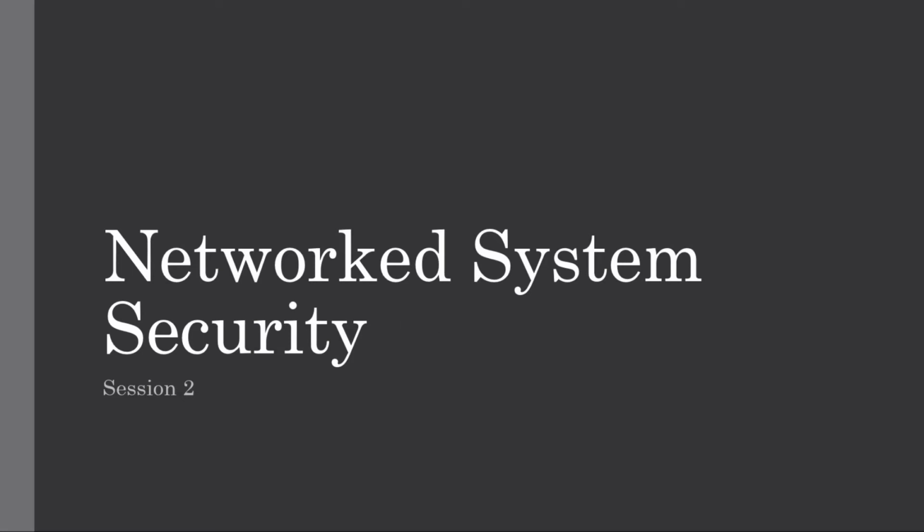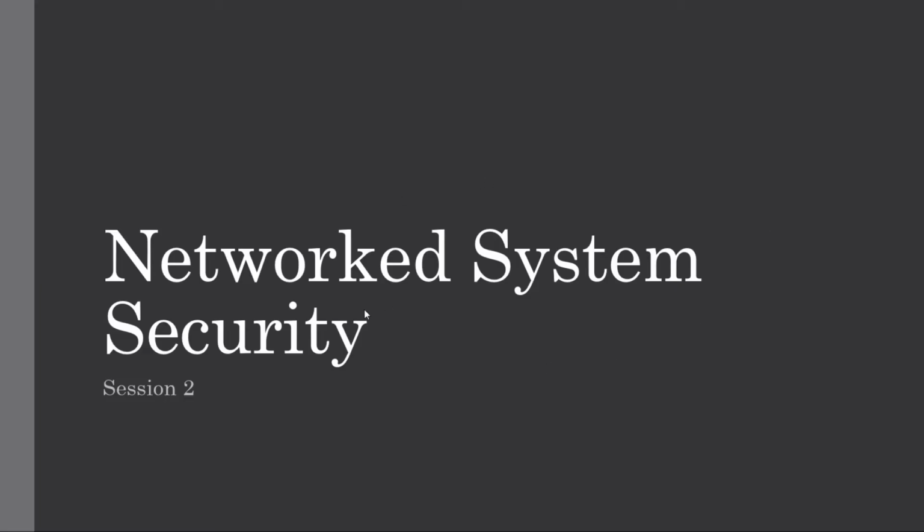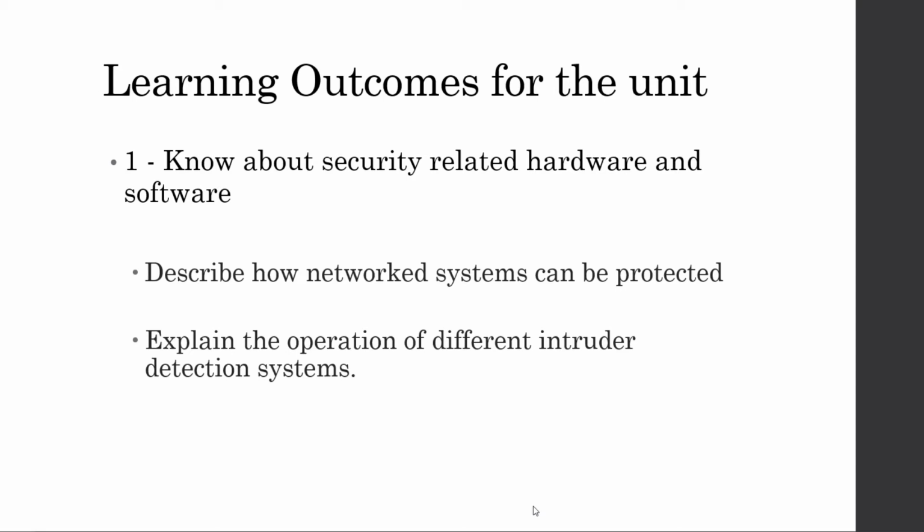So, with network system security, that's going onto my drawing, ignore that. With network system security, what we'll be doing this week is, like I said, we'll be looking at how network systems can be protected. The merit task is saying how different intrusion detection systems work.